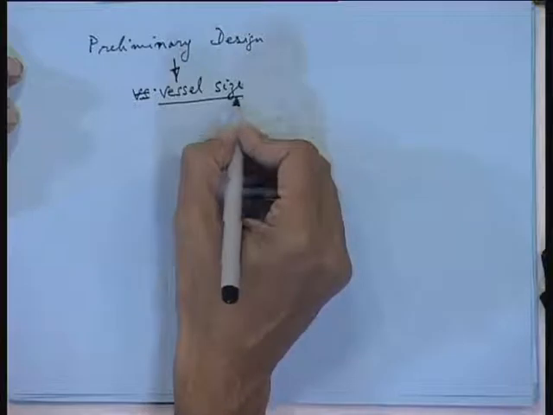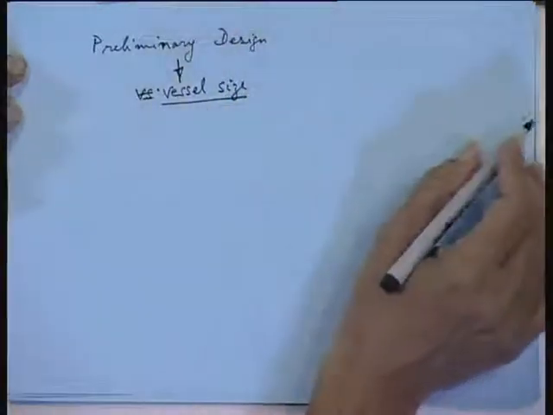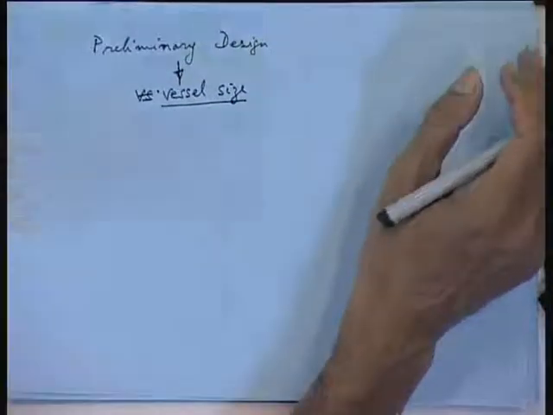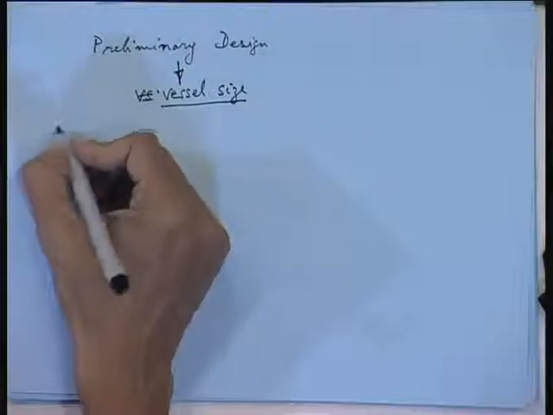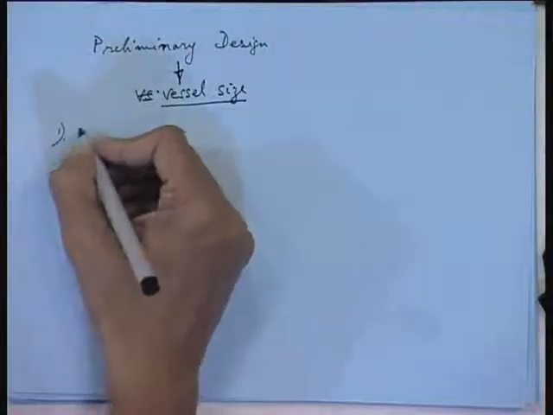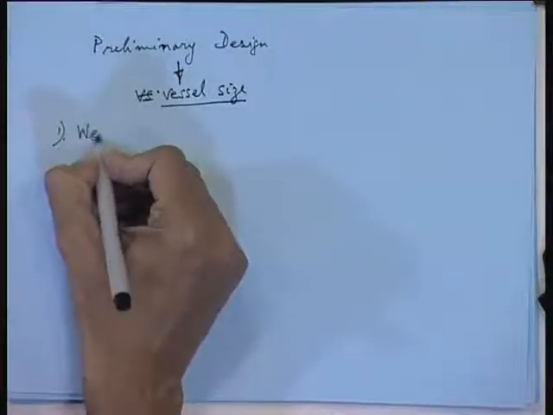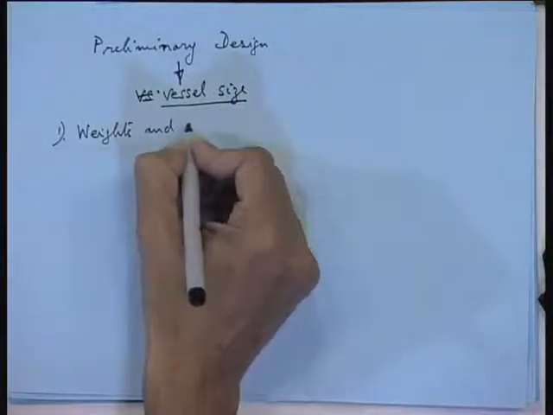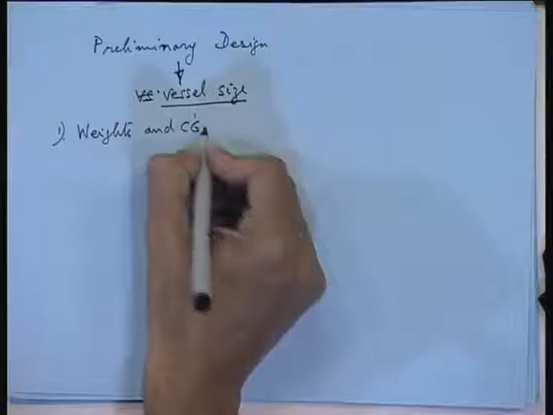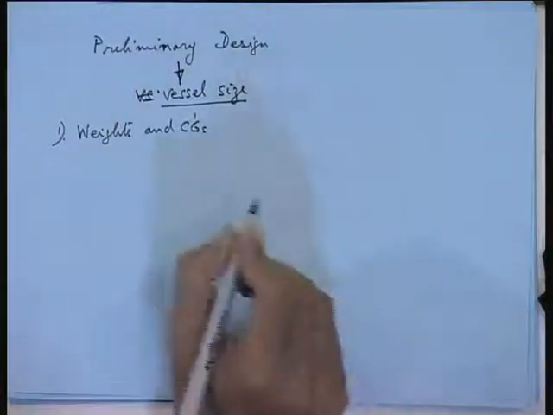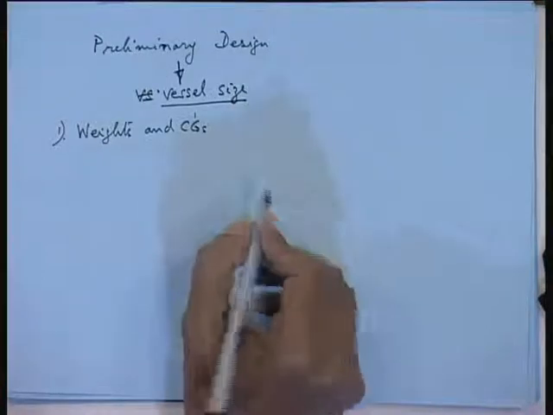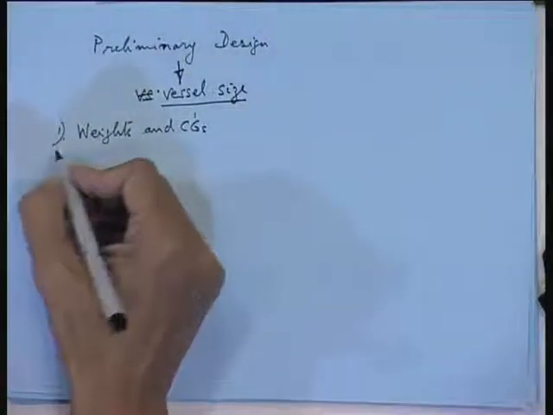You have to do a lot of iterations, primarily with your hydrostatic stability, because that is the major factor, and the items that I told you are weights and CGs. These are constantly changed in order to have favorable hydrostatics, damage stability, and later on you will find motions. So, these have to be calculated.